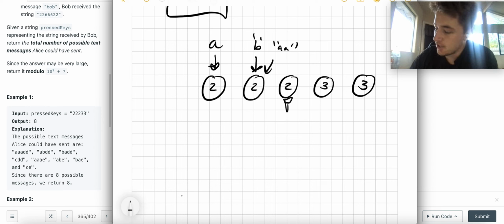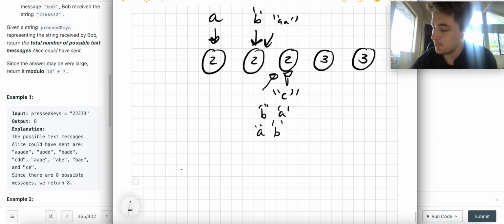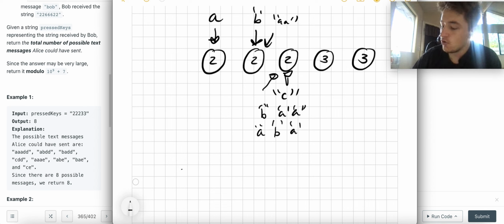Well, I could have typed a C. I could have typed a B and then an A. Or I could have typed an A and then a B.